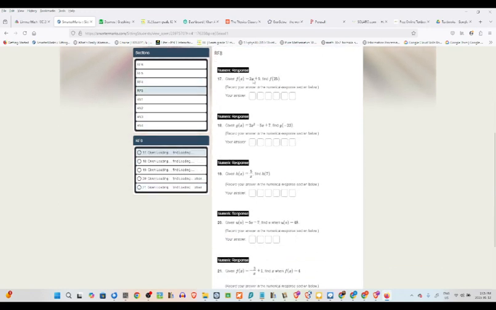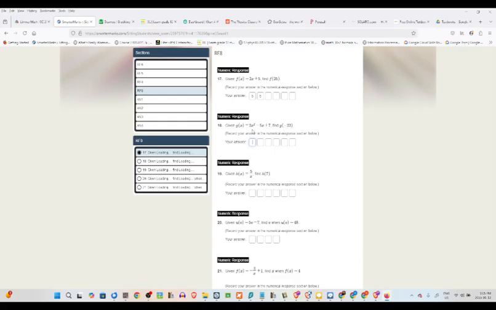Given f of x equals 2x plus 5, find f of 25. 2 times 25 is 50 plus 5, 55. So now find g of negative 23. 2 times a negative 23 squared minus 5 times a negative 23 plus 7.